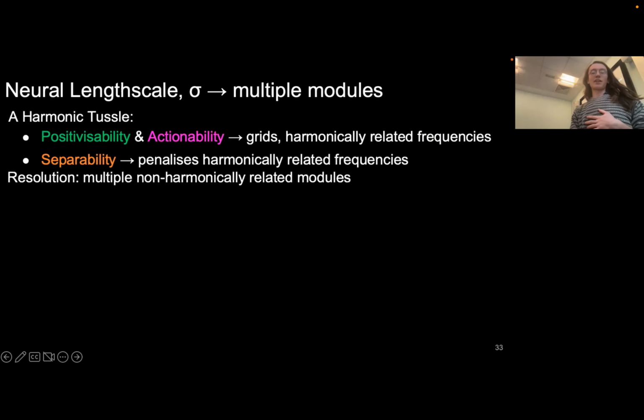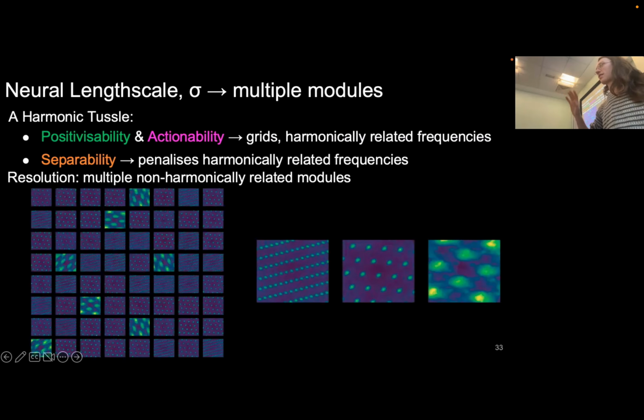These two fight it out, and the resolution depends on the choice of sigma you make. That sets the fight between these two forces. But a good solution in a large range of sigmas is for there to be multiple modules. In each module, the frequencies are harmonics of one another, so it's easy to positivize. But between modules, the frequency lattices are chosen to minimize the amount of harmonic interaction, so it's best at encoding. And that's what we claim would lead us to this kind of code.